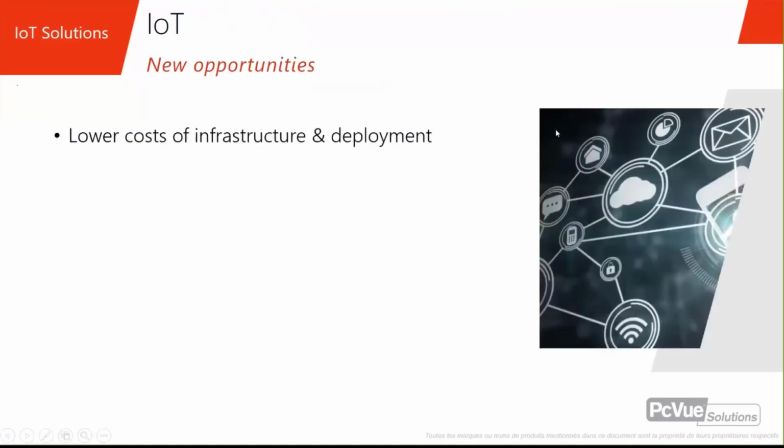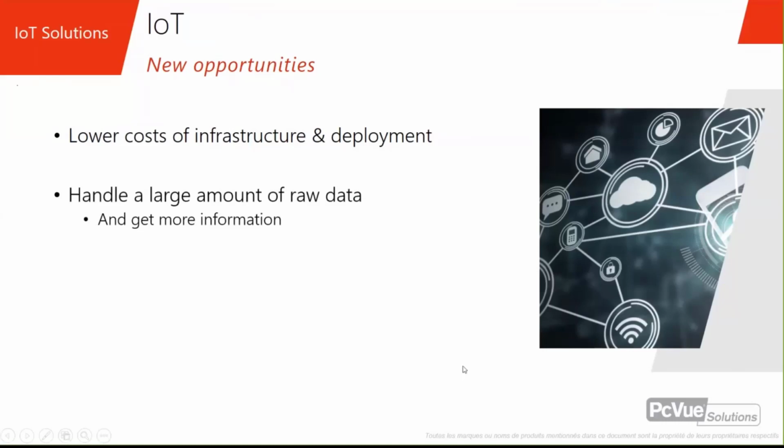So the opportunities of this IoT are obviously to lower the cost of infrastructure and deployment. Using wireless devices and wireless infrastructure, you save time and money by not installing all the wire infrastructure.